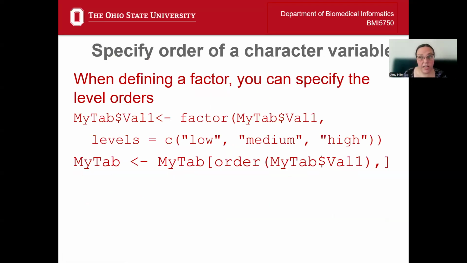Now we've talked a little bit about factors, and factored characters are very useful, but they're going to factor your variable alphabetically by default. Sometimes that is not useful. Like if you have a tumor normal situation, it's going to put normal first, and the normal will be on the positive side.